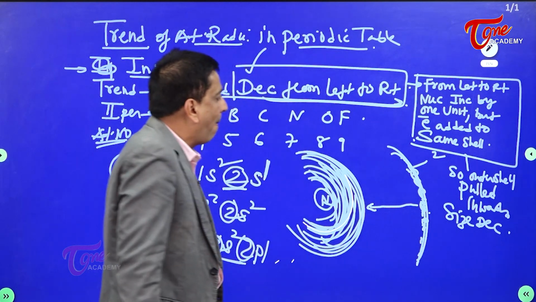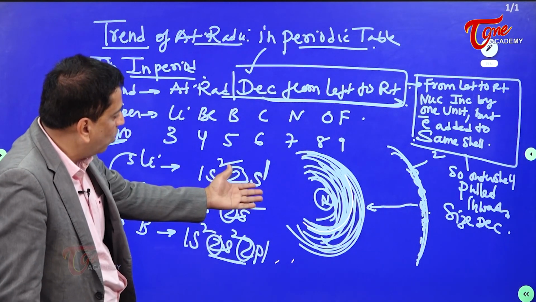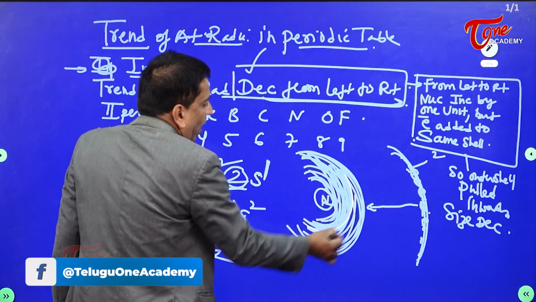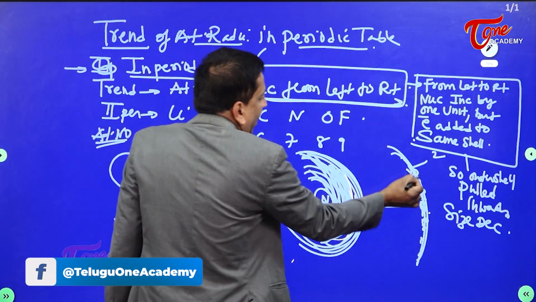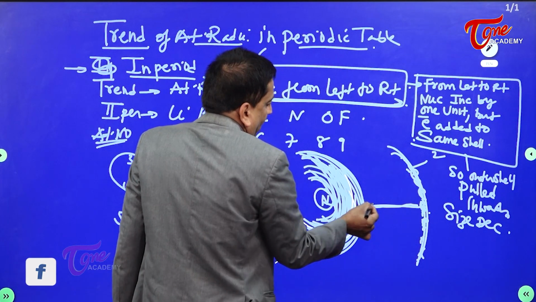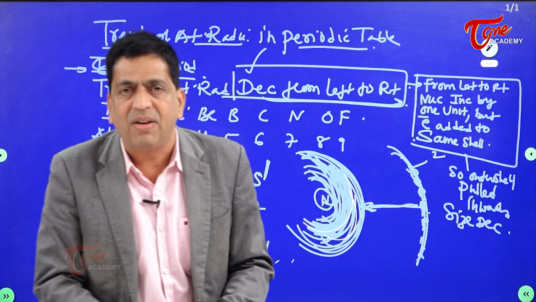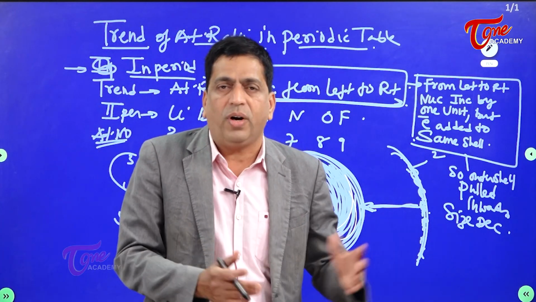You must understand. Simply speaking, I gave a pictorial representation. Whenever you go, the nucleus is increasing by 1 unit, but the electron is added to the same shell. Thereby the nuclear force of attraction is dragging the outermost shell towards itself, thereby the size decreases from left to right.